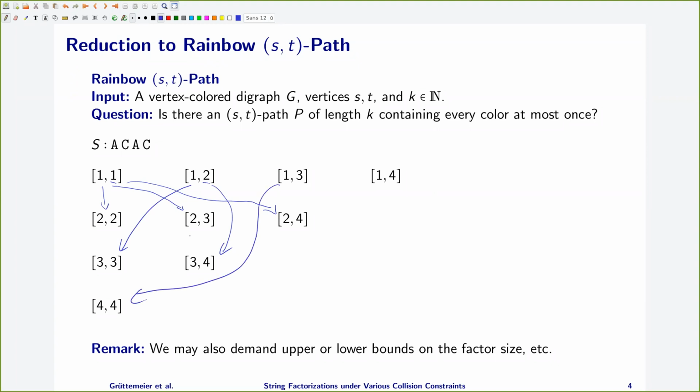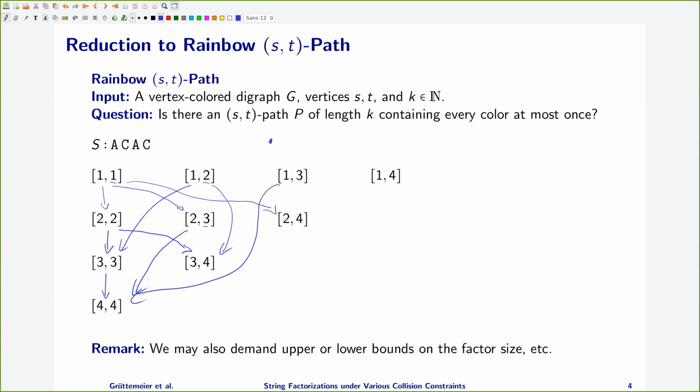This edge ends at 3, so the next one has to start at 4. This one ends at 2, so we need to add these edges, and then this one remaining missing edge, and this is basically all the edges that model that factors can be subsequent factors in the factorization.